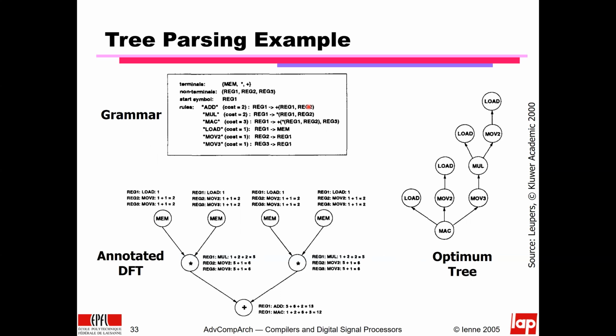So I have a relatively small number of rules in the grammar, but there will probably be many more rules than in a RISC processor, because now I need to replicate each instruction for every possible combination of registers that exist.